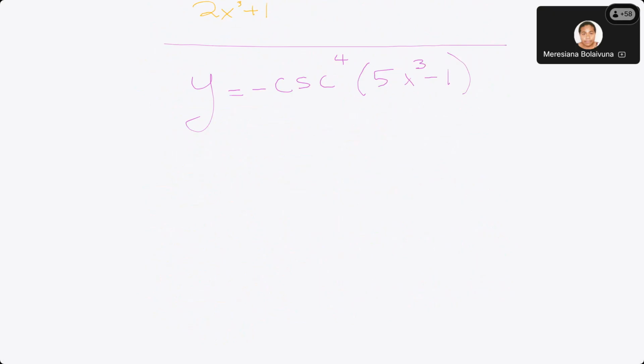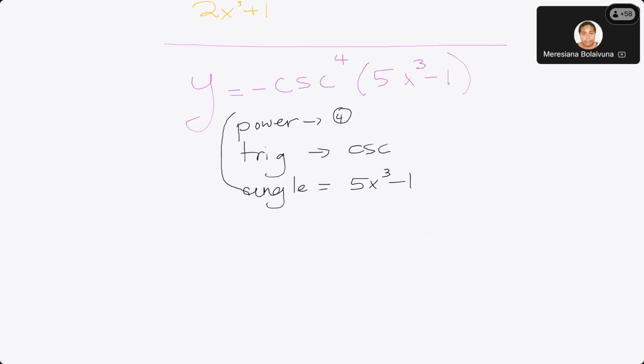So using the chain rule, you have to differentiate the power, which is 4. The power is 4, and then you multiply by the derivative of the trig, which is cosecant, and then you multiply by the derivative of the angle. What is our angle? 5x cubed minus 1.